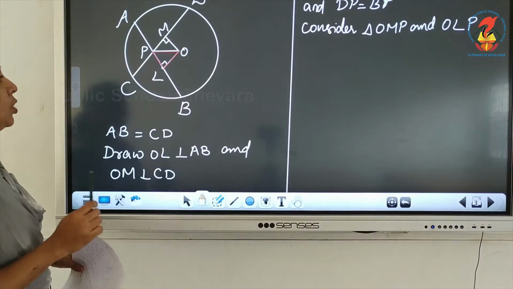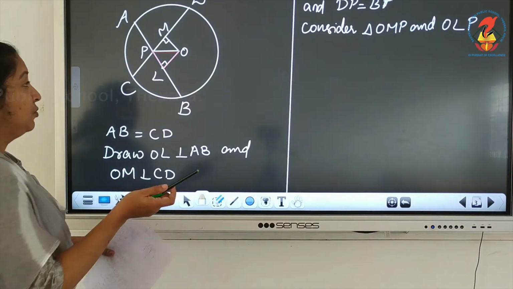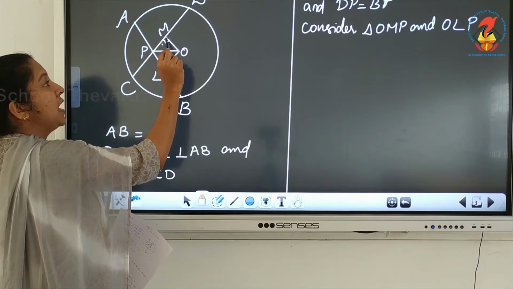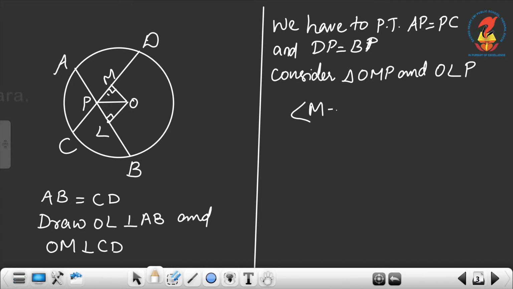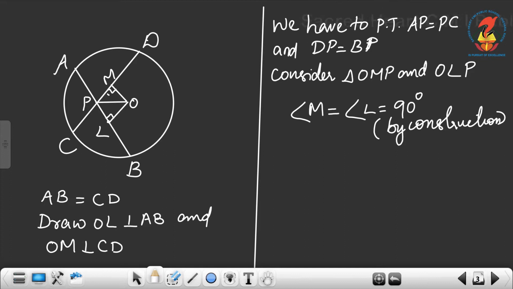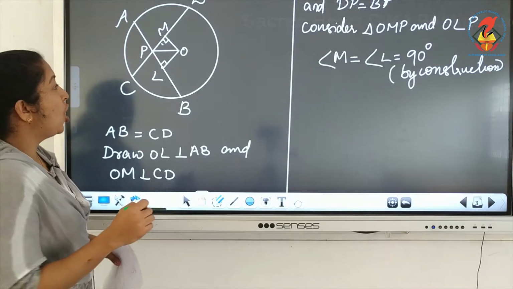So, what are the equal sides? What we have constructed is angle M is equal to angle L is equal to 90 degrees by construction. Then any common side?